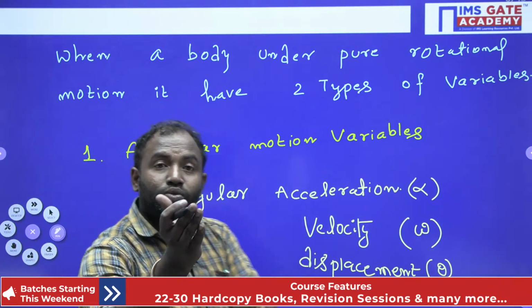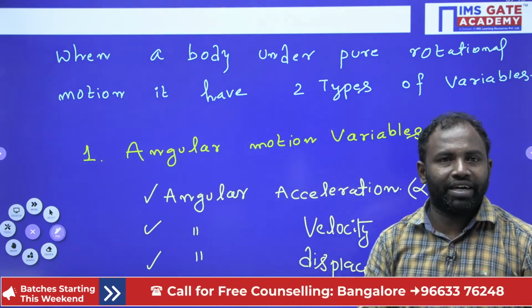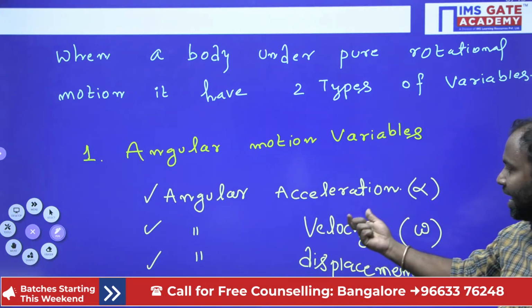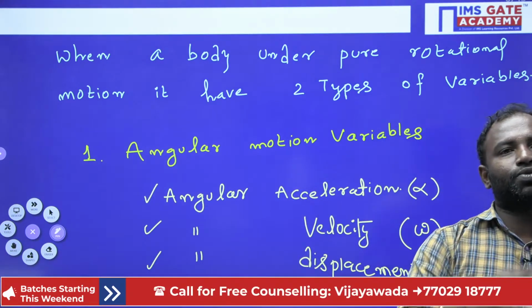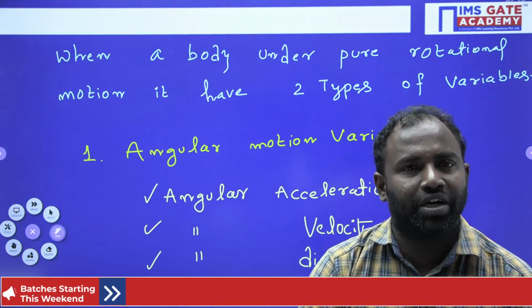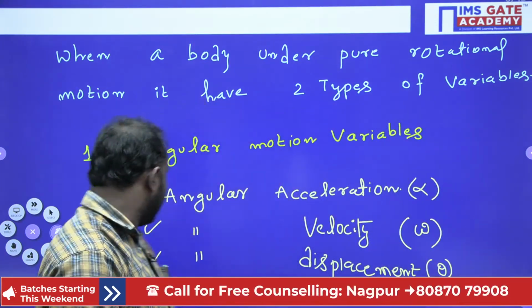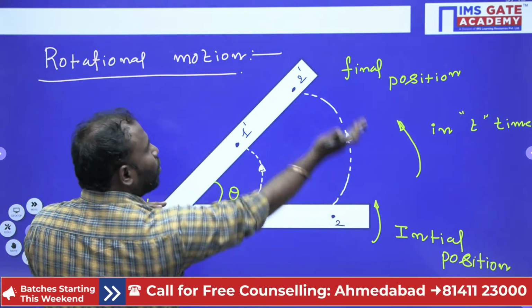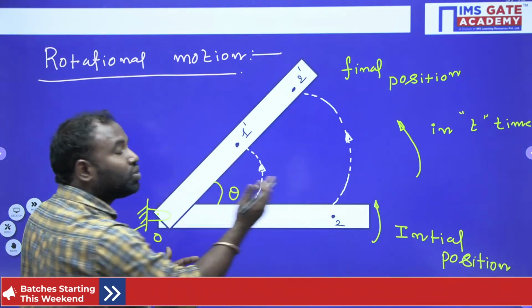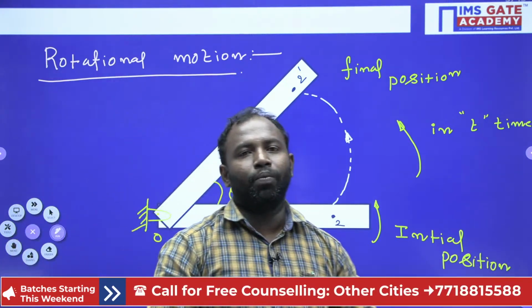Angular motion variables we studied in the last session, right? Angular displacement, angular velocity, angular acceleration, we derived the formulas, as well as solved some example problems in yesterday's session, right? Now, today's session is, when the body is in pure rotational motion, how to study the linear motion variables.